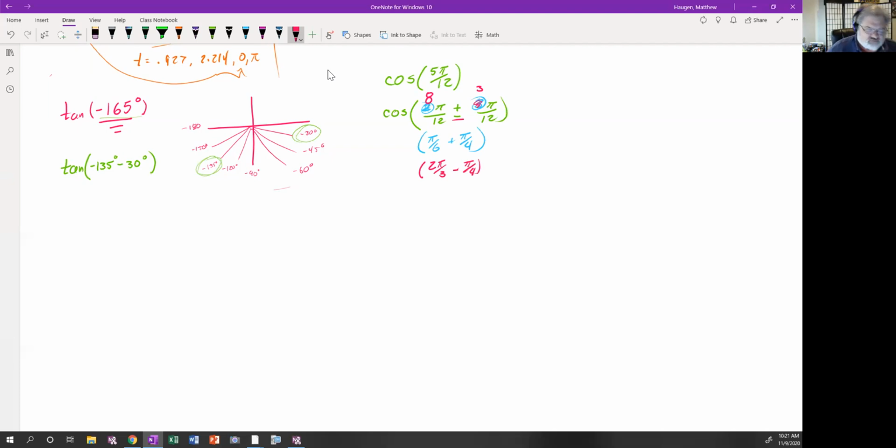We could use that combination. We know about 2 pi over 3. We know about pi over 4. Great, use those. So any combination that you can come up with that is built from our standard angles and adds or subtracts to make the angle that we want will work.